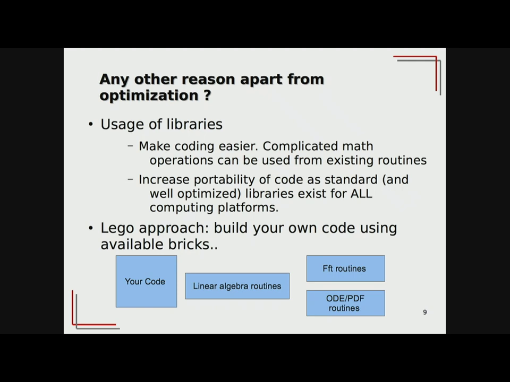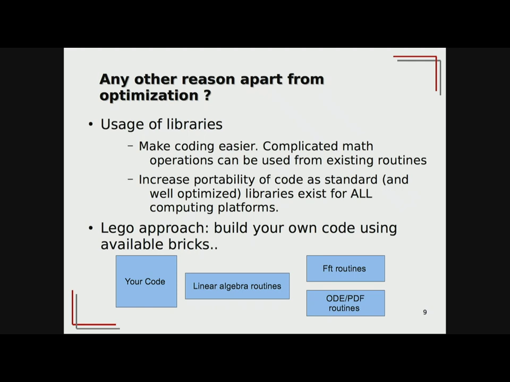That is another important point, portable and efficient on different architectures, because if in your code you use linear algebra routines, they have a standard interface, as we will see in a moment, and then when you move from Intel to IBM or from IBM to AMD, you just replace the library, and you don't have to touch your code. So you keep your code portable and efficient at the same time. So that's another important point.